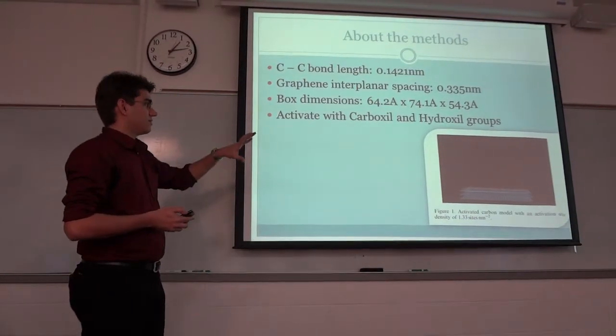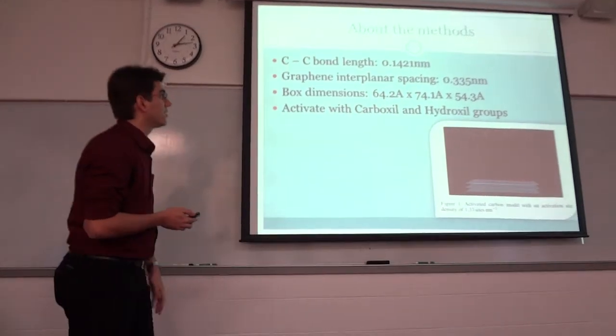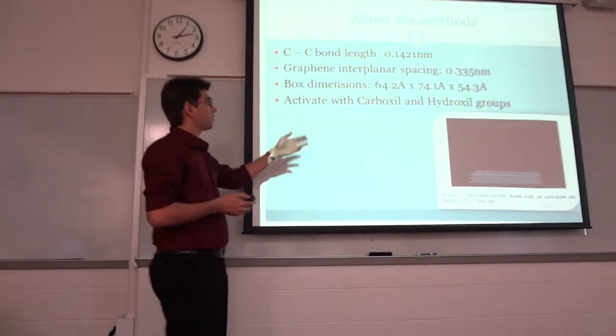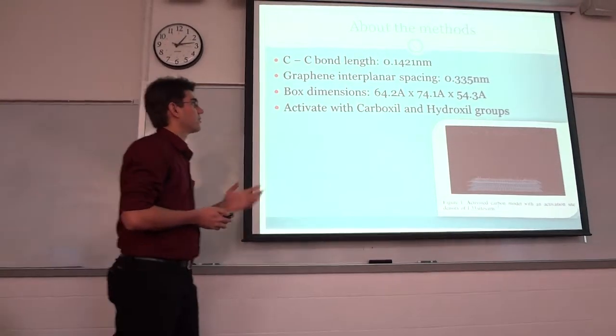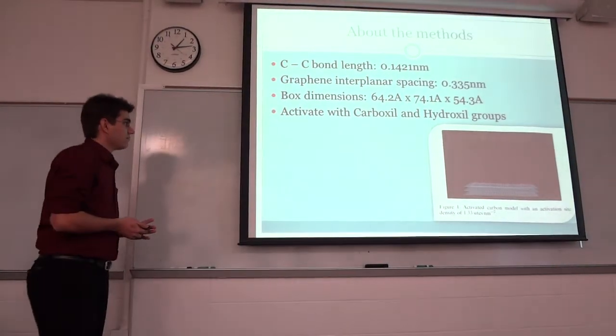And the dimensions of the box system, the cell used, is 64.2 angstrom by 74.1 angstrom by 54.3 angstroms.